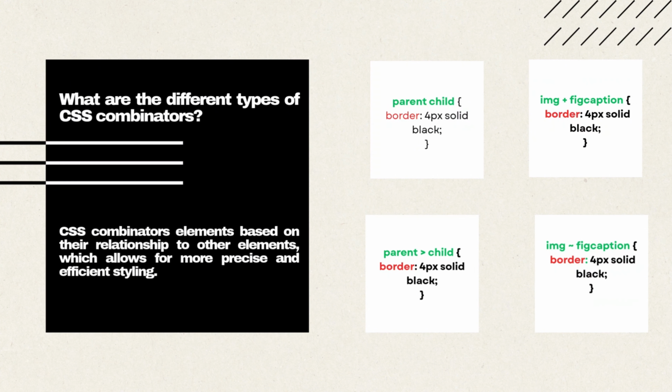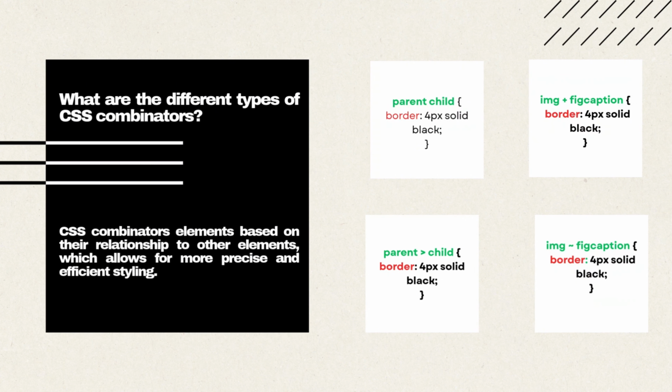Right, that's why it's called descendant combinator. Every child of that parent, let's say you have 5 p tags or 7 p tags, and you see div space p, every p tag inside that div is going to have a border of 4 pixels solid black. Descendant combinator.